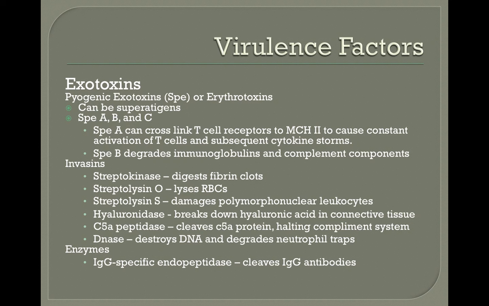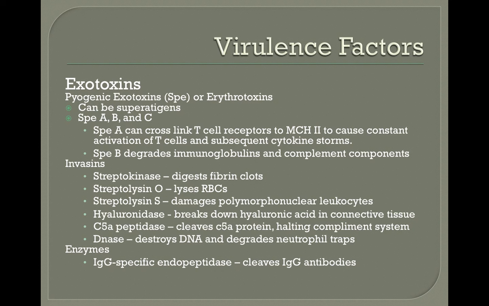This causes constant activation of T-cells, and this binding can happen outside of binding sites, and then this subsequently causes cytokine storms. Superantigen B is able to degrade immunoglobulins and interfere with the complement components.